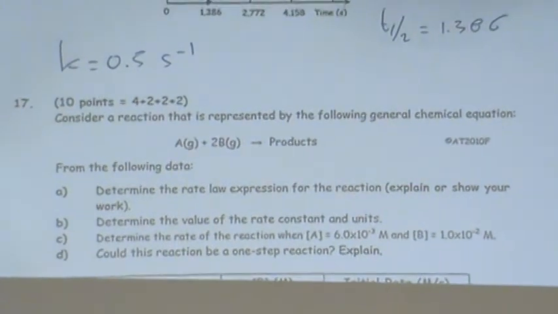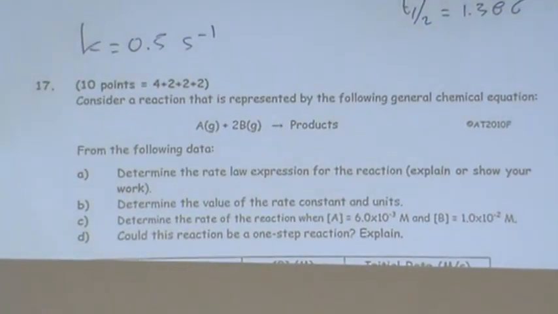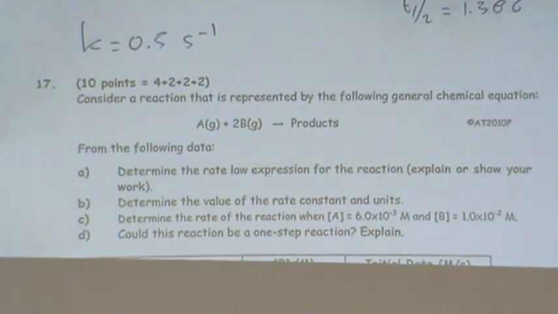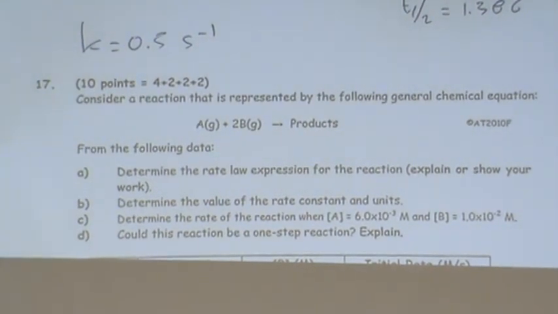But the experimental one is not that, it's the other way around, A squared B, right? So it cannot be, because the rate law will not match the experiment, right? Okay. Ready for the next one.